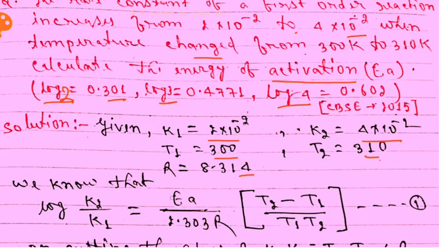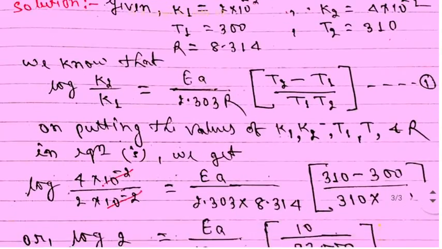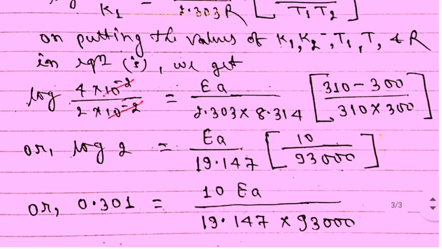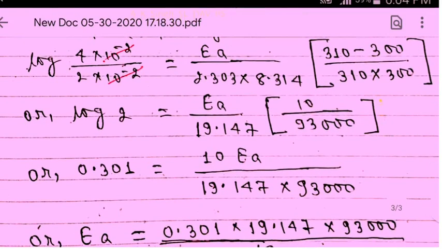Now we know that from the Arrhenius equation you have calculated log K2 by K1 is equal to EA by 2.303 R into T2 minus T1 by T1 T2, and suppose it is equation 1. Then we have to place the value of all the factors given in the question.